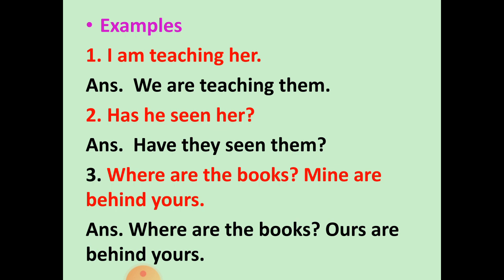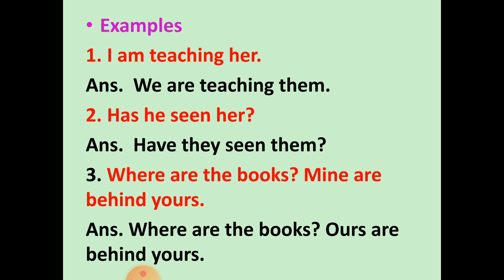Third sentence is where are the books? Mine are behind yours. In the first part of the sentence, the noun books is given, so that is already in plural. Here we have to change the number of pronouns, so no change will occur in the first part. It is where are the books.